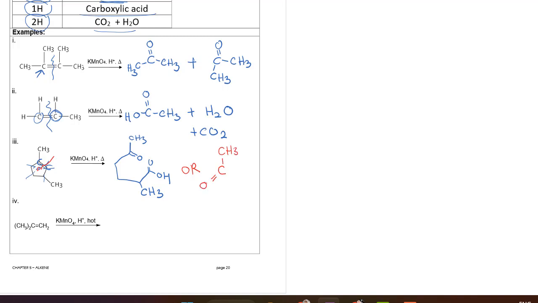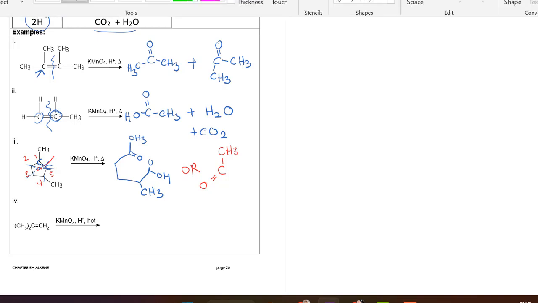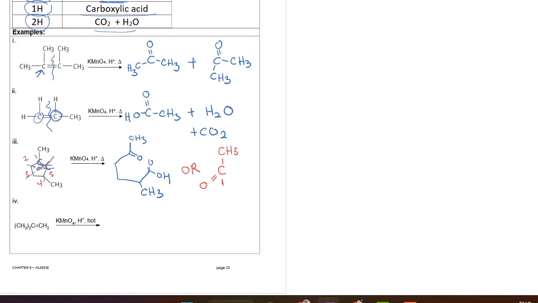Carbon number 1 will be at the end and carbon number 5 will be at the end. Next to carbon number 1 is carbon number 2, 3, 4, and last is carbon number 5, which will become carboxylic acid.